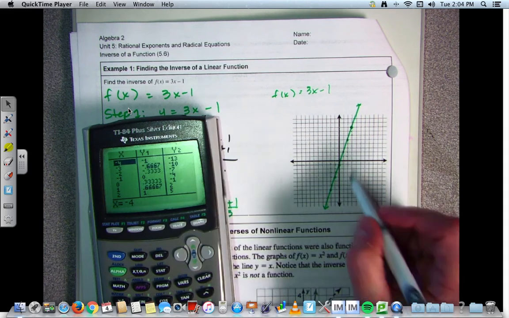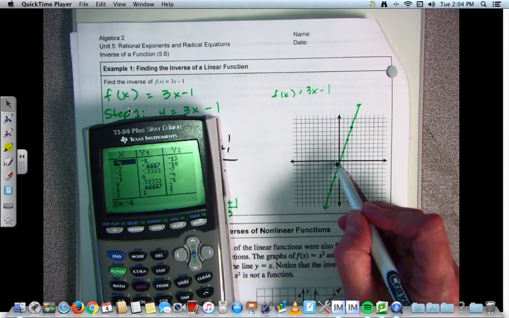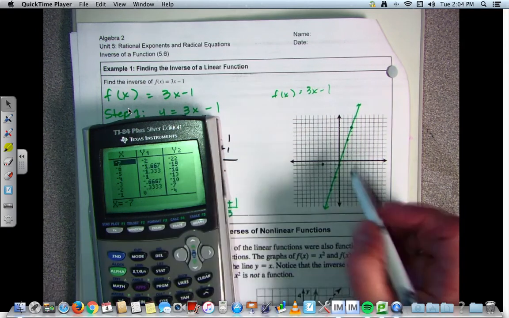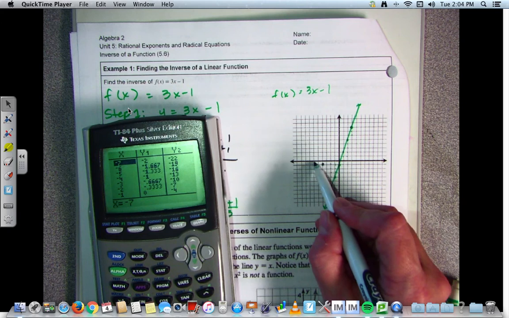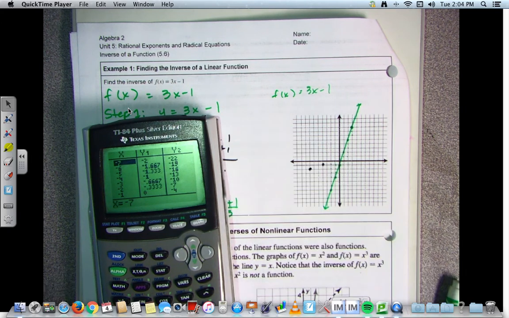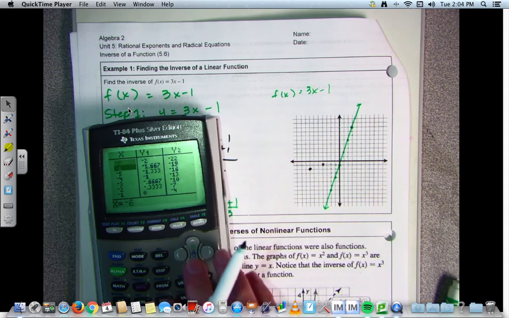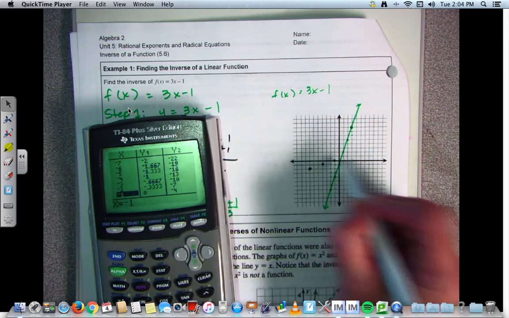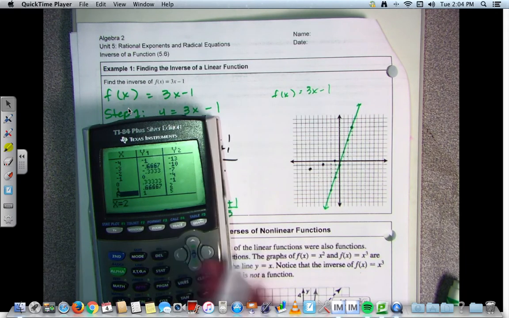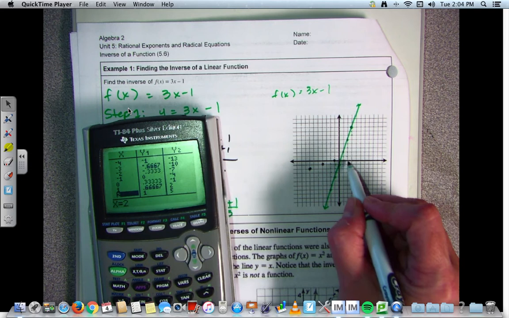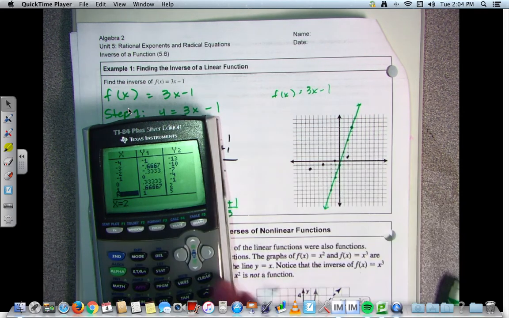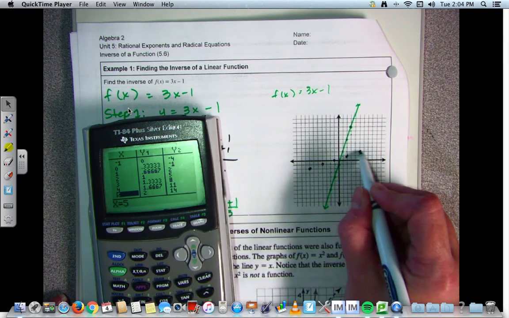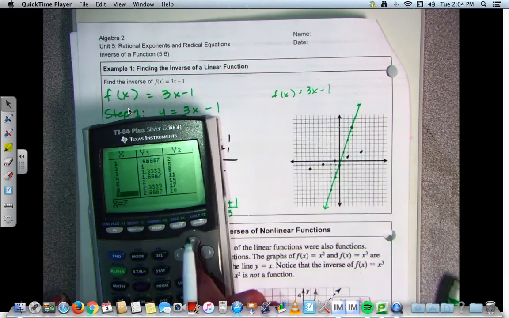So -4 and -1, -7 and -2, -1 and 0, 2 and 1, 5 and 2, and 8 and 3.